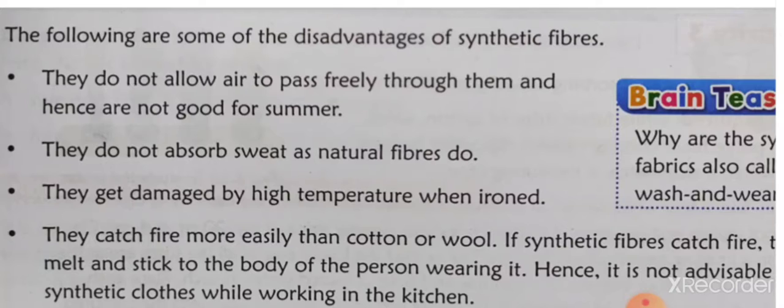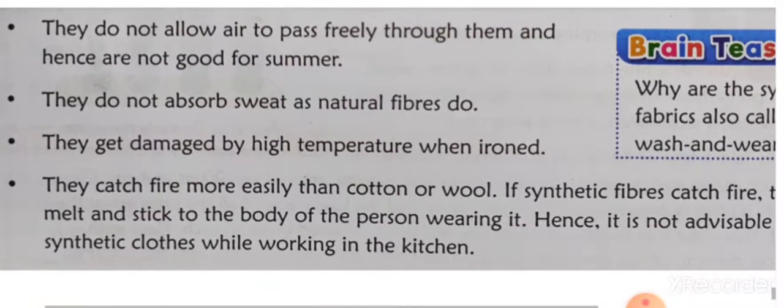Second, they do not absorb sweat as natural fibers or cotton clothes do. Third, they get damaged by high temperature when ironed. Due to high temperature, the chemical chains will be disturbed, so it may damage our synthetic cloth while ironing.